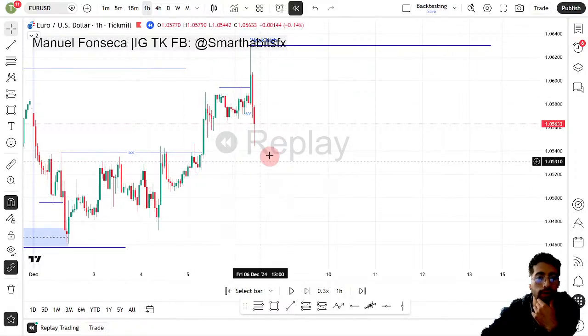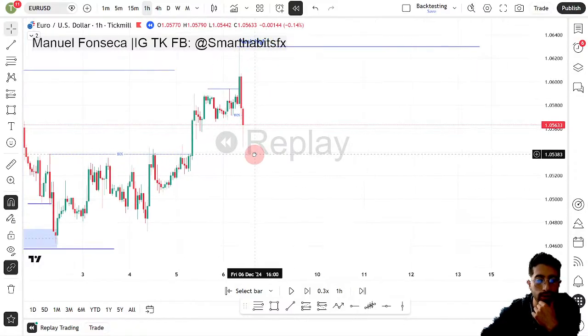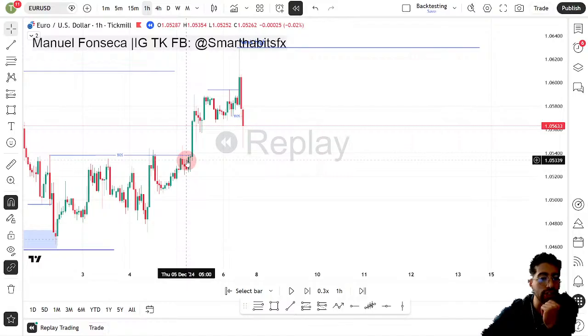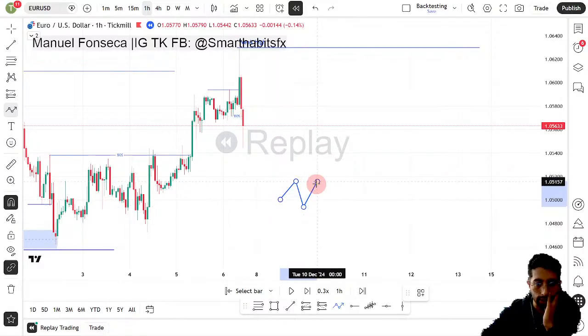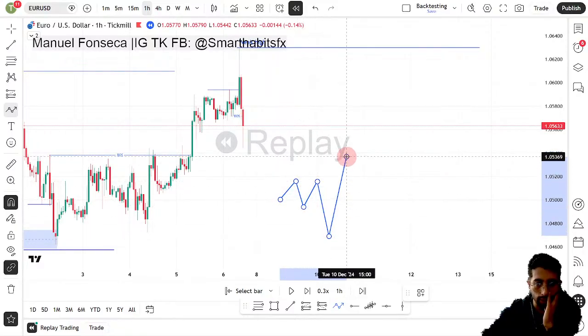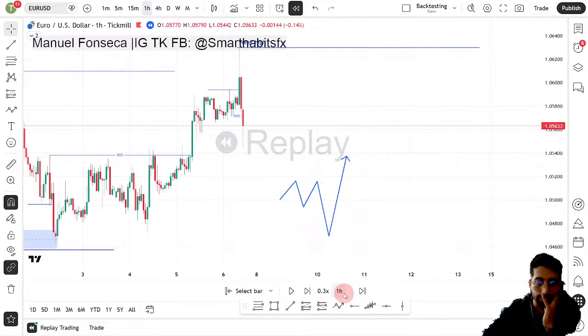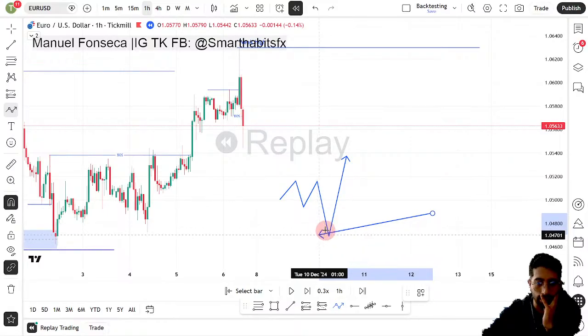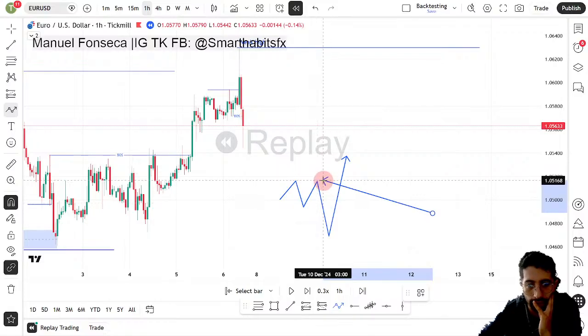Now we are gonna do the next question. After this break of structure, which is confirmed here, we need to find the closest strong low that we can see. Remember that to find a strong low, this is the pattern I'm gonna look for: a liquidity grab or liquidity sweep right here, then the price enters into an order block, and then we have a break of structure.